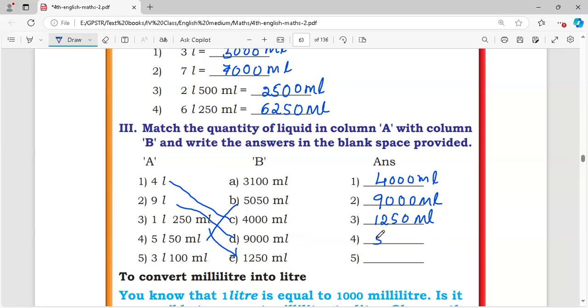This is 5050 milliliter. 3 liter 100 milliliter, 3100 milliliter.